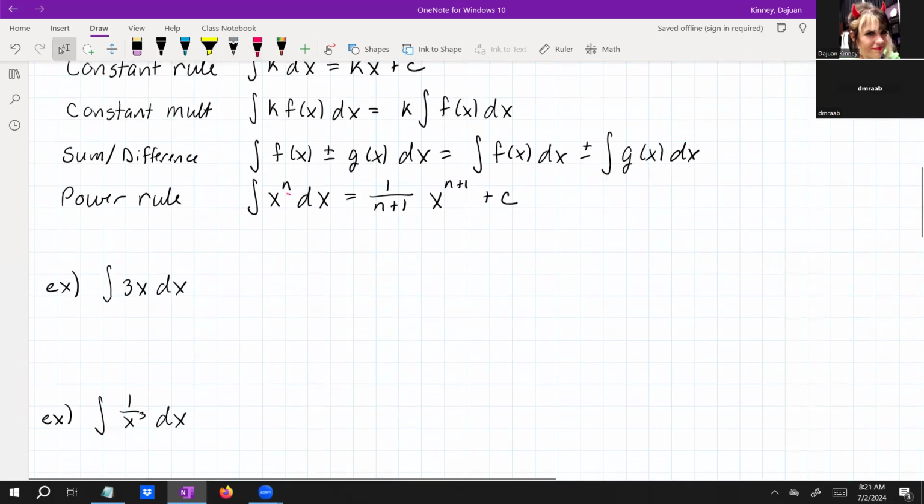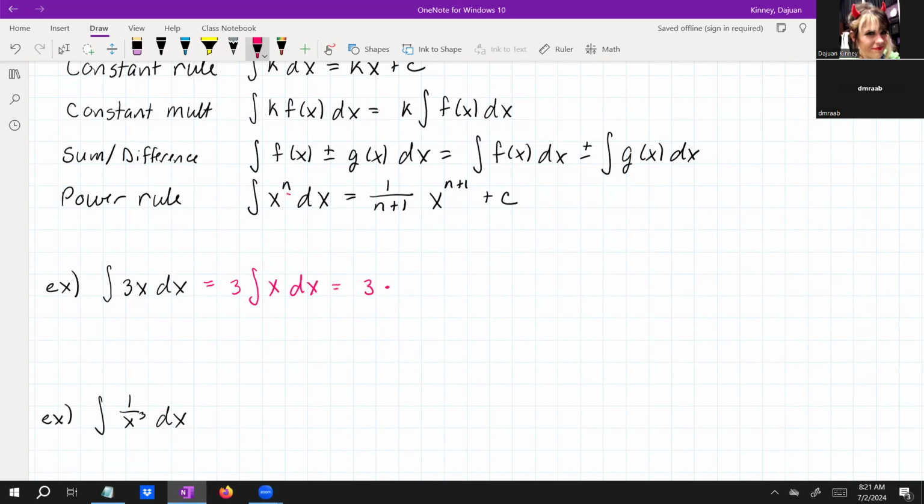So, let's do a couple of these. All right, so 3x. We can write this as 3 times the integral of x dx. To be honest, I'm not going to do that ever again, or very rarely. You really don't need to as you go with these.